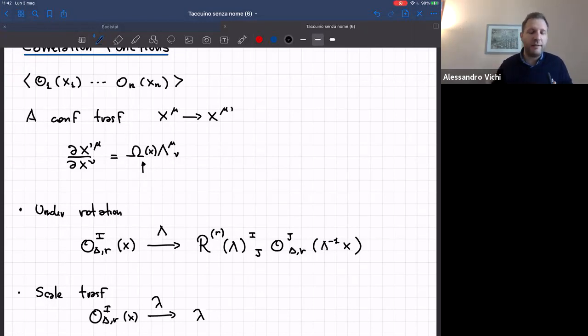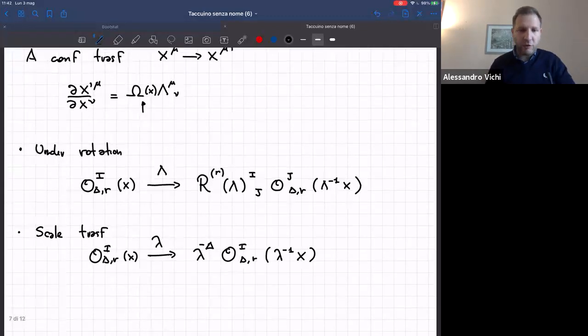I rescale the distances, I rescale my meter. So if I increase distances, energy will become smaller, and so on. So O will pick up a factor lambda to the minus delta, which multiplies the operator. And I also have to rescale the coordinates, again with a factor lambda to the minus 1, because energy and length rescale in opposite ways.